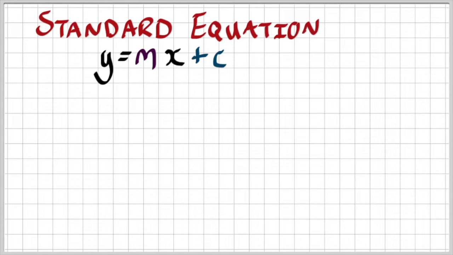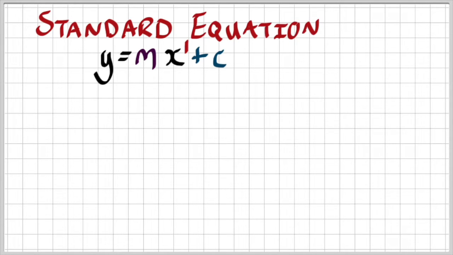Very important that the x has an exponent of 1. If it is an exponent of 2 or 3, then it is not a straight line anymore. Then it's either a parabola or a cubic function that we will study in the years to come.